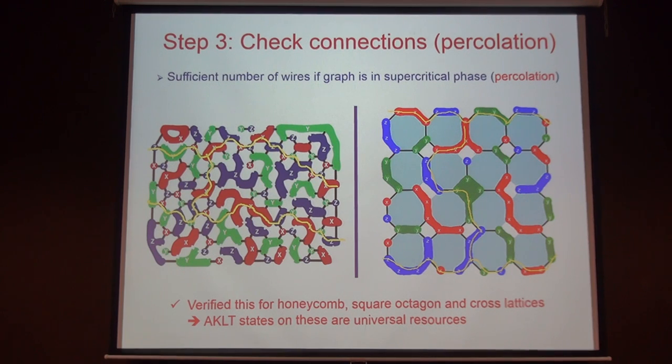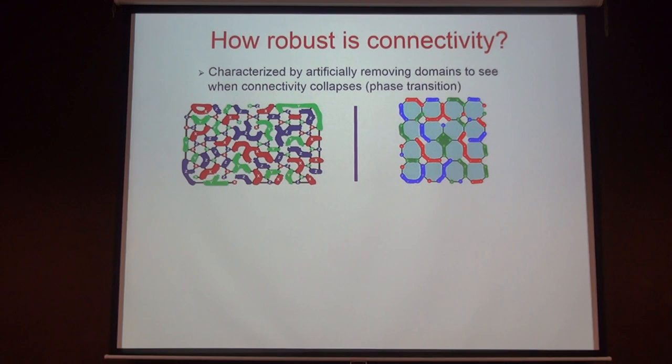If it's percolated, according to percolation theory, then in the large system size limit, you will be able to find a macroscopic number of them. So this is the connection also to the percolation theory. But we check how stable this connectivity is by doing a percolation numerical experiment on the random graph.